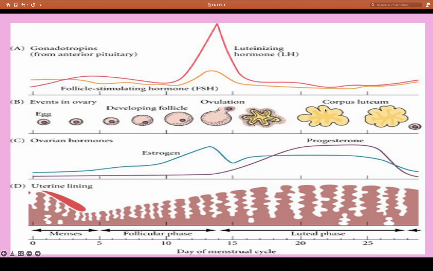If pregnancy happens, it continues releasing progesterone. But if pregnancy does not happen, the corpus luteum disintegrates into corpus albicans, menstruation happens, and again the cycle begins.